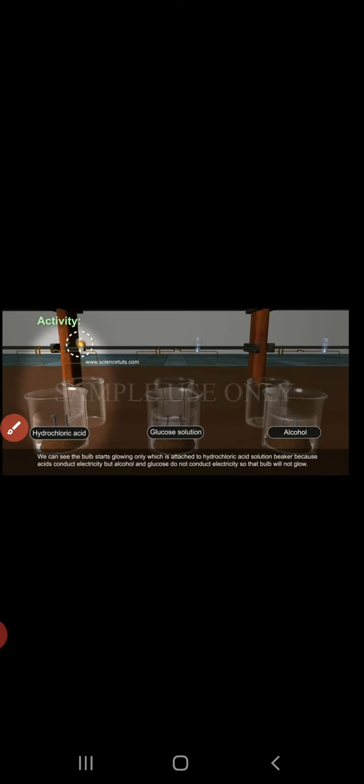Okay, now see here, the activity we have taken is the same. There are three different beakers. There are iron nails, rubber cork, and this is connected to a 6-volt battery and a bulb.